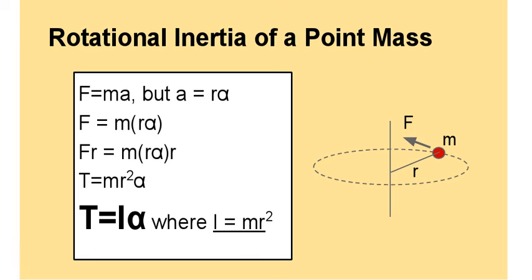If I take r alpha and plug it in right there for a, then I would have F equals m r alpha. What we'd like to do now is to multiply both sides by r. So we've multiplied on the left by r and on the right by r. That r and this r would make an r squared. Remember, the force times the distance is equal to torque.